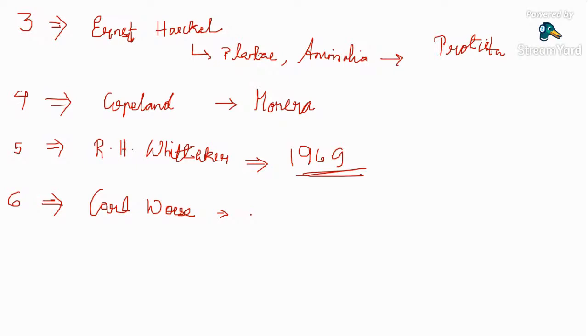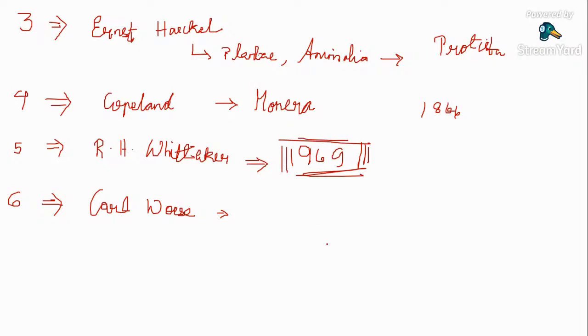The three kingdom system was given in the year 1866. The year that you have to learn is only 1969, the year for the five kingdom system of classification.